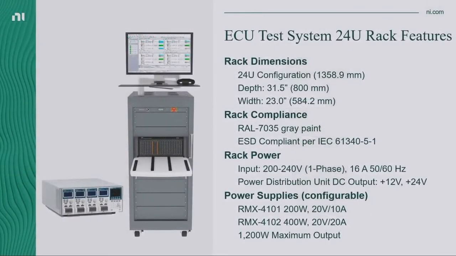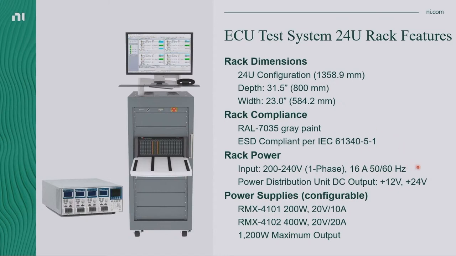Let's check on the ECU TS 24U rack features. The 24U ECU TS is 1358 mm in height. The depth is 800 mm and the width is 584 mm. The ECU TS has a color code of RAL 7035, comes in gray color, and is ESD compliant.